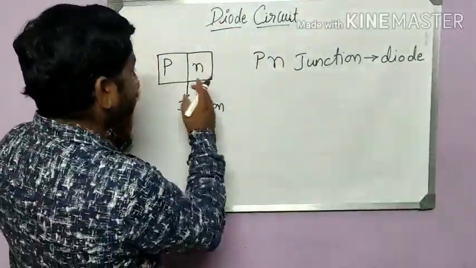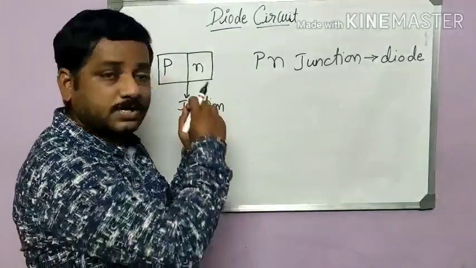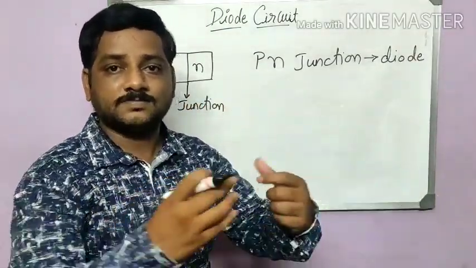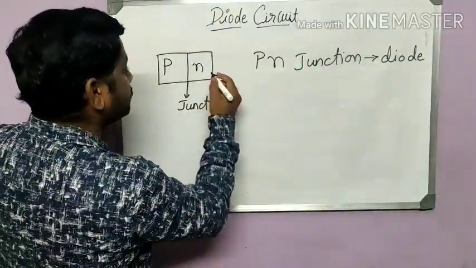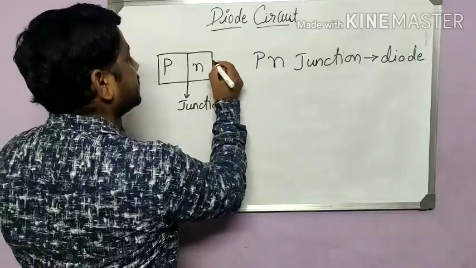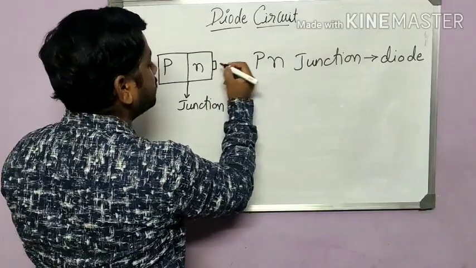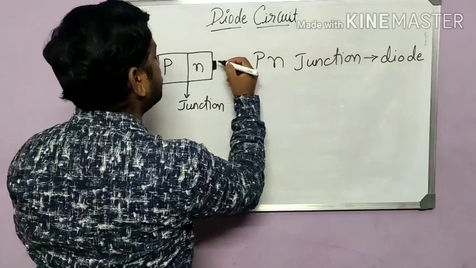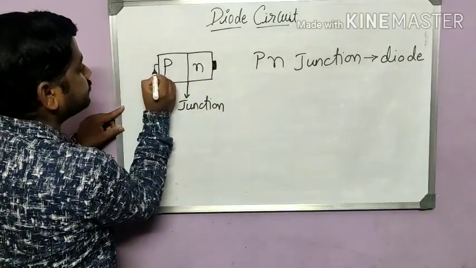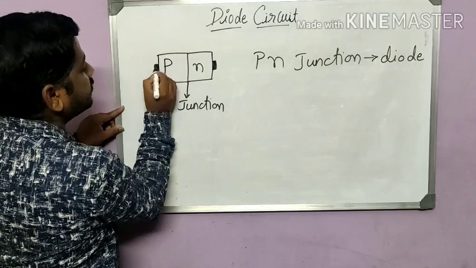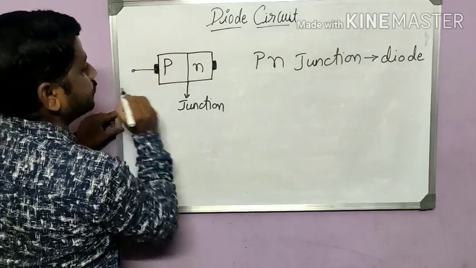So this is P and N, and we need to collect the current. For that we need some metals or elements to collect it. So we connect an electrode here, and that electrode cannot be connected directly. So we will have an ohmic contact which will have very low resistance. That's why it is called an ohmic contact, and for this ohmic contact we will connect an electrode.